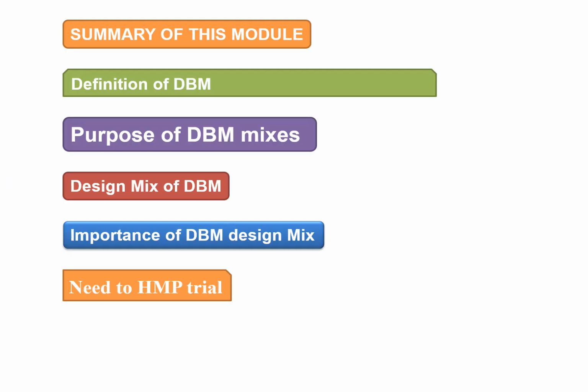So to summarize this module, we talked about the definition of DBM. We talked about the purpose of the DBM mixes, how the mix design of DBM can be done using the MS2 method, what are the requirements of DBM mixes, the importance of mix design in DBM in order to arrive at the optimum binder content, how we can optimize the optimum binder content, and what is the need of hot mix plant trials in order to make sure that your mix design is proper.